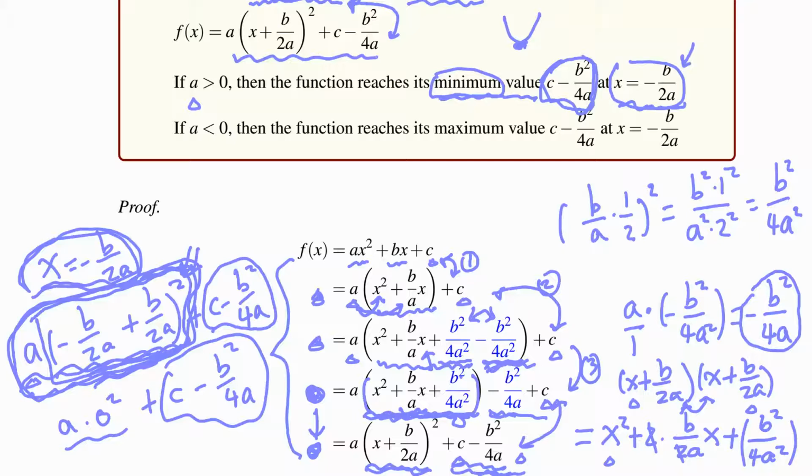Okay, when a is less than 0, the open direction will be downward. So the vertex is right here. The x value is again this value. The y value again is the same value here, which will be the maximum.